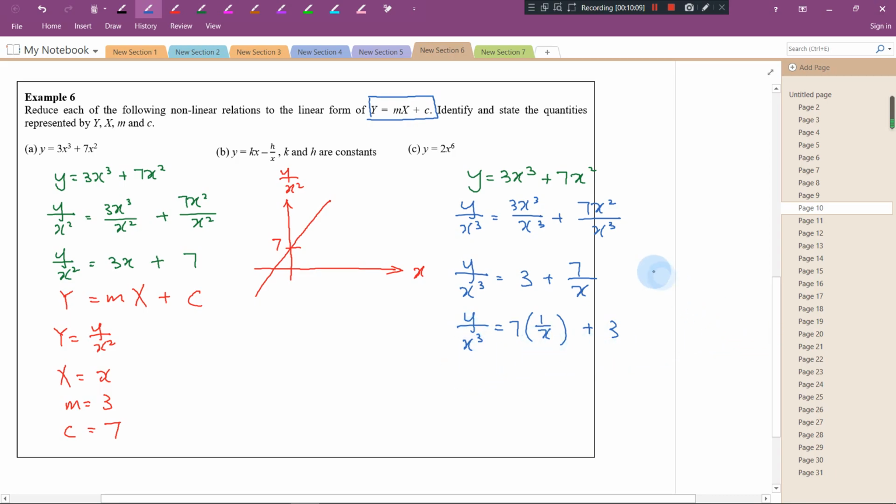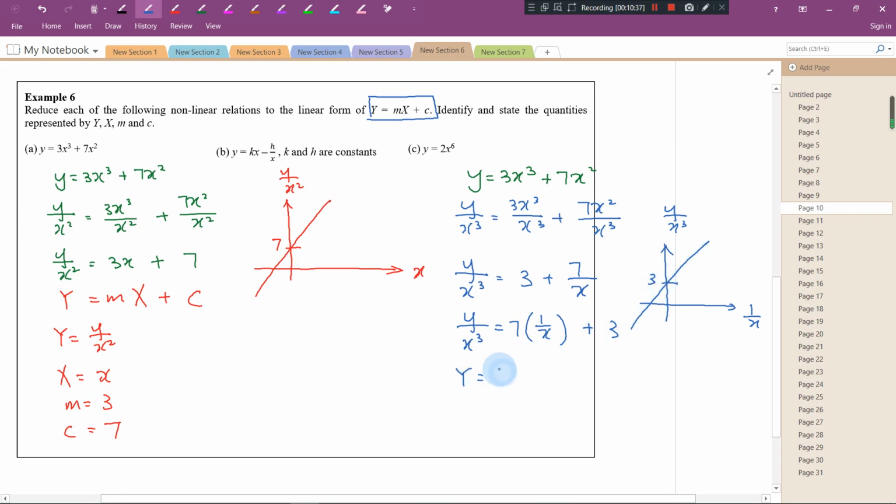So from here, I know that if I draw a graph of y over x cubed against 1 over x, I will be able to get a straight line. The gradient is 7 and the y-intercept is 3. Okay, this is 3.